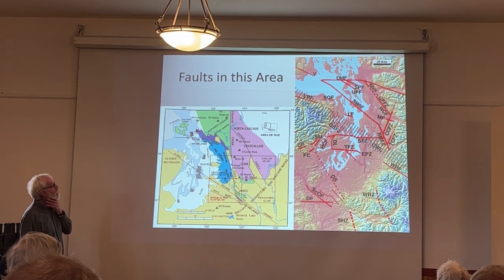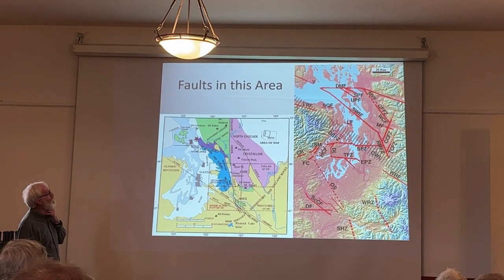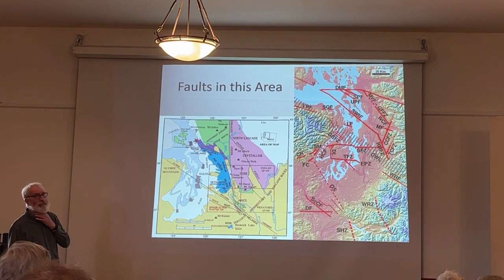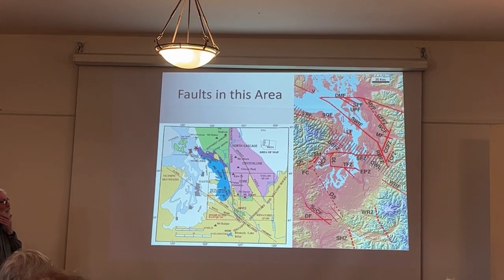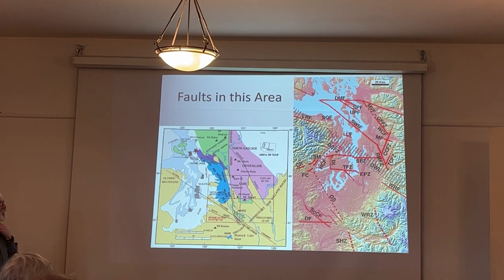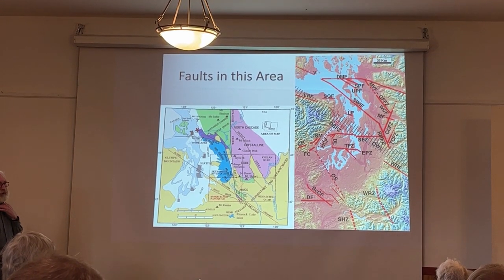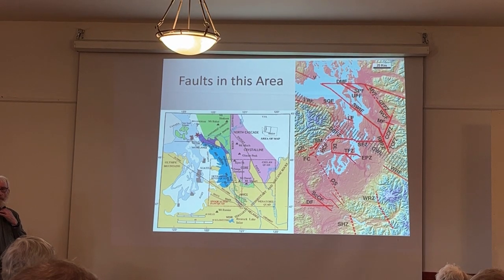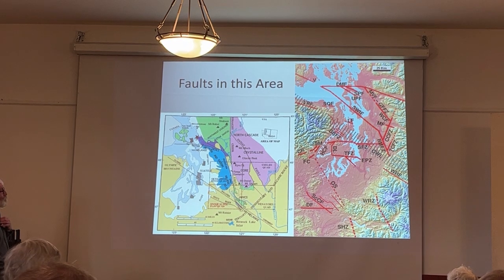That's called the Darrington Devil's Mountain Fault. And I live on the south side of Fidalgo, and that's about 4 or 5 miles away from me. And that's a fault that the U.S. Geological Survey says has the very real potential of generating a 6.5 earthquake, which is pretty large, especially if you live there.